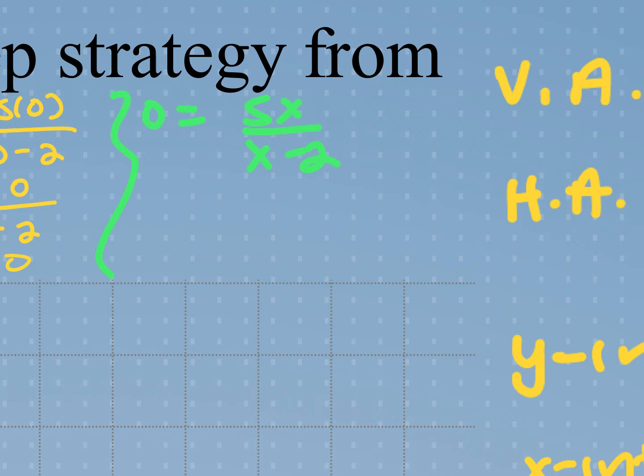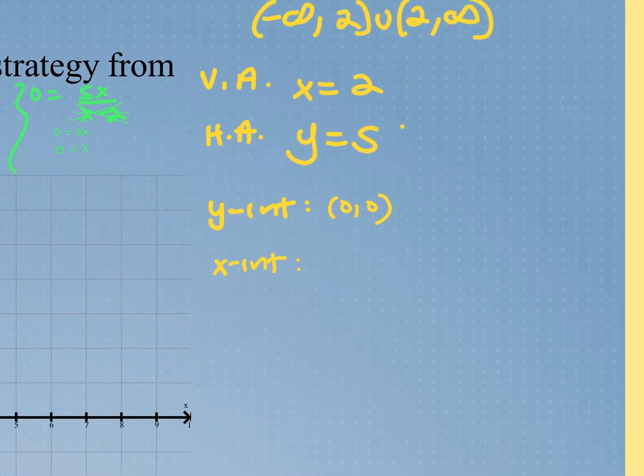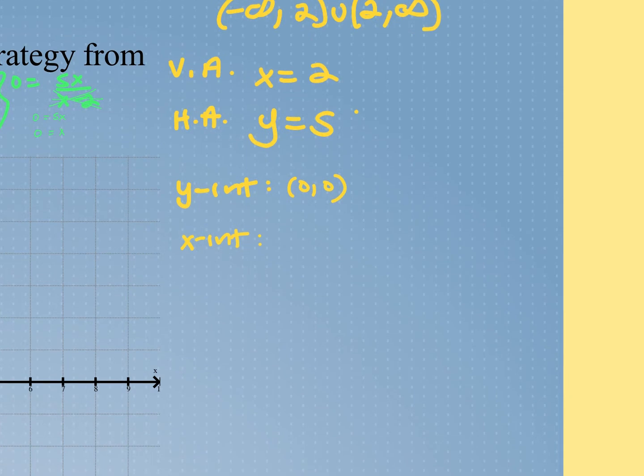It's going to get rid of the denominator. It's going to get a 0. So when you're doing your x-intercepts, you literally can ignore the bottom and just set your numerator equal to 0. Because that first step is always going to be to cancel out whatever's in the bottom, and it's always going to go away. So then I would get x equals 0, which makes sense from what we know. If I have a y-intercept of 0, 0, I should have an x-intercept of 0, 0 as well.